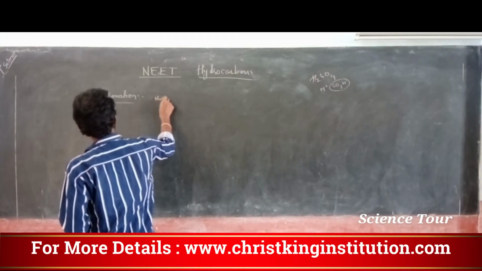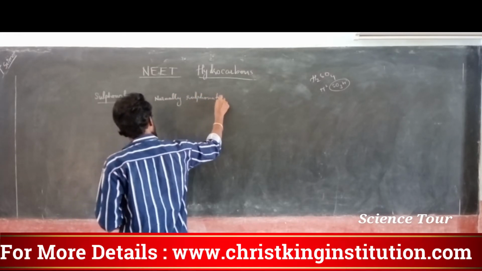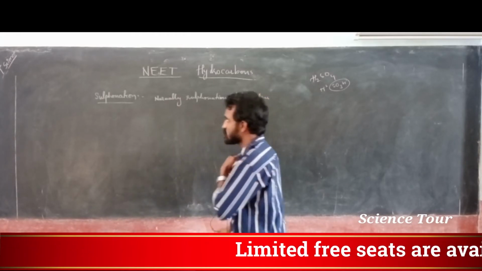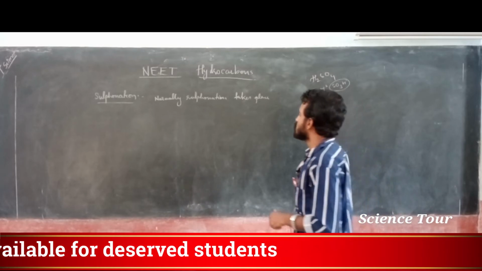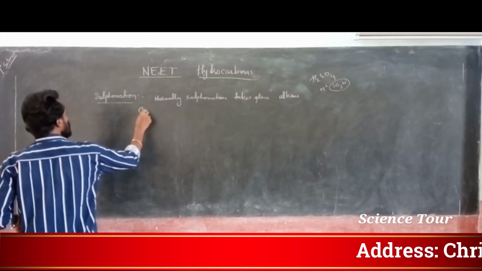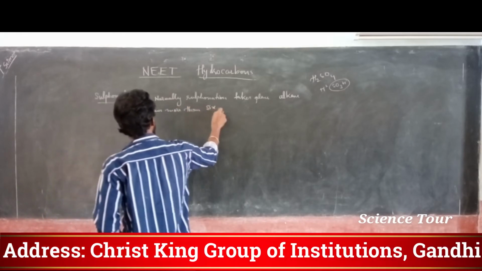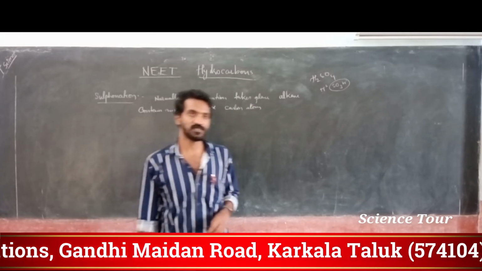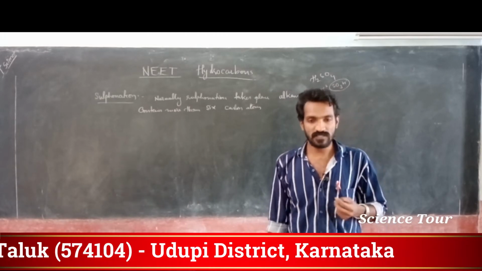Normally sulfonation takes place when the alkane contains more than 6 carbon atoms, but with less than 6 carbon atoms it is also possible.